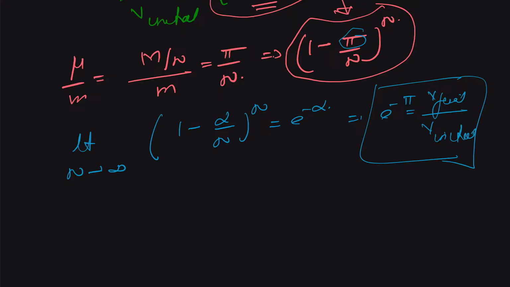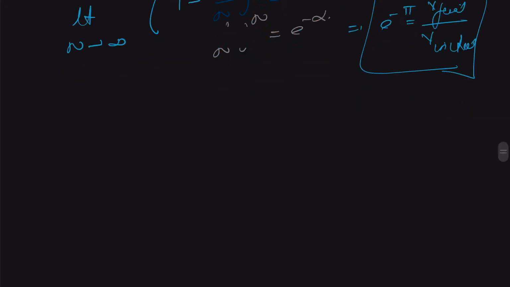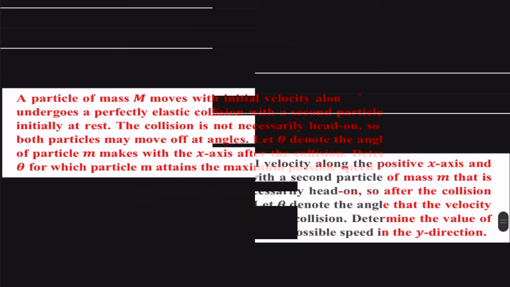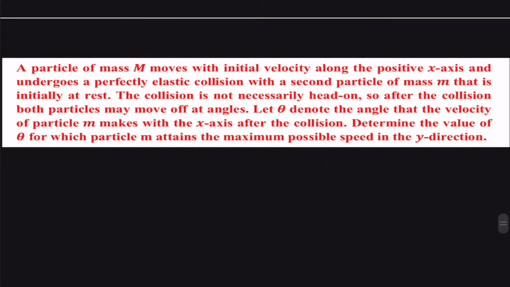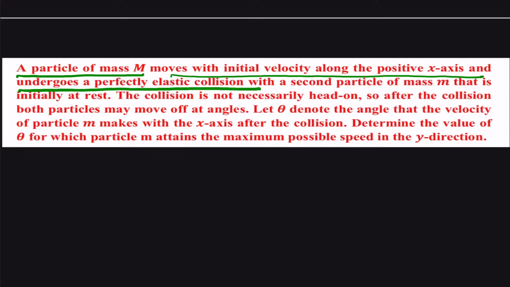Now we come to the next question. This question states that a particle of mass capital M moves with the initial velocity along a positive x-axis and undergoes a perfectly elastic collision with a second particle of mass small m that is initially at rest.